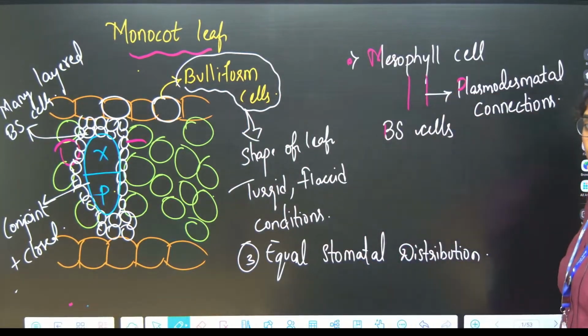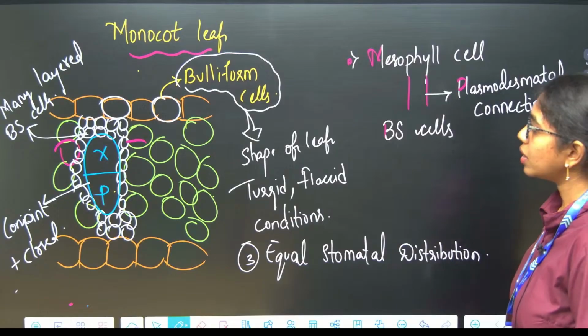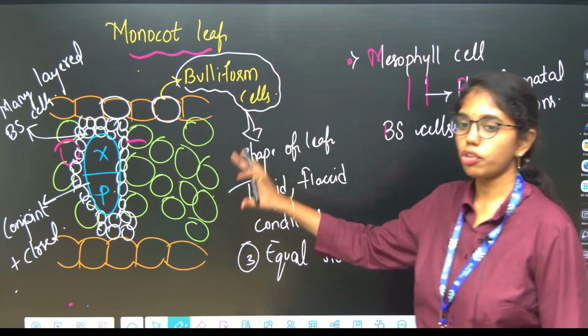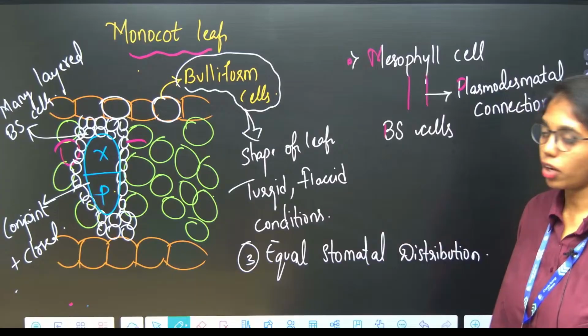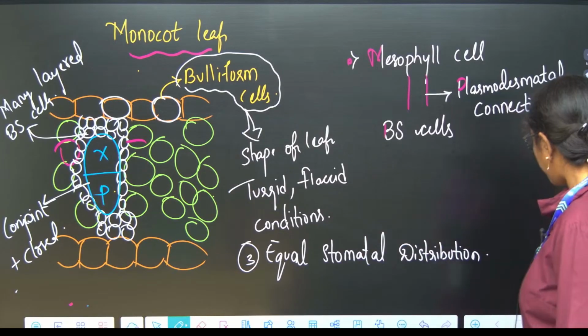Any doubts anywhere? So, these are the characteristic features of monocot leaf and the differences between dicot and monocot leaf. Now, we will be looking into secondary growth.